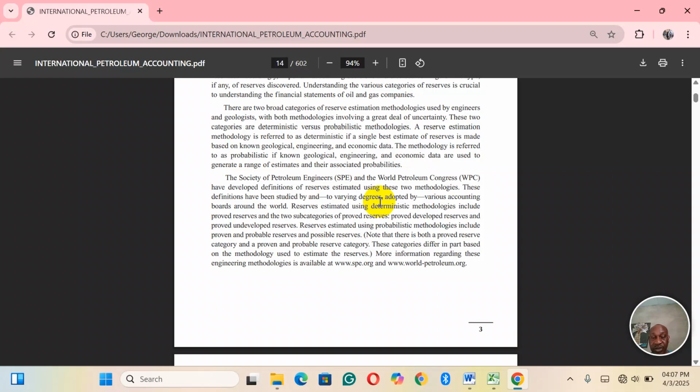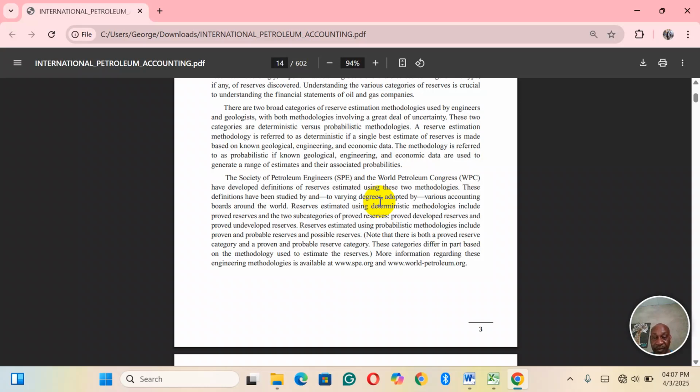Reserve estimates using probabilistic methodologies include proved, probable, and possible reserves. Note that there is both a proved reserve category and a proved and probable reserve category. These categories differ in part based on the methodology used to estimate the reserves.